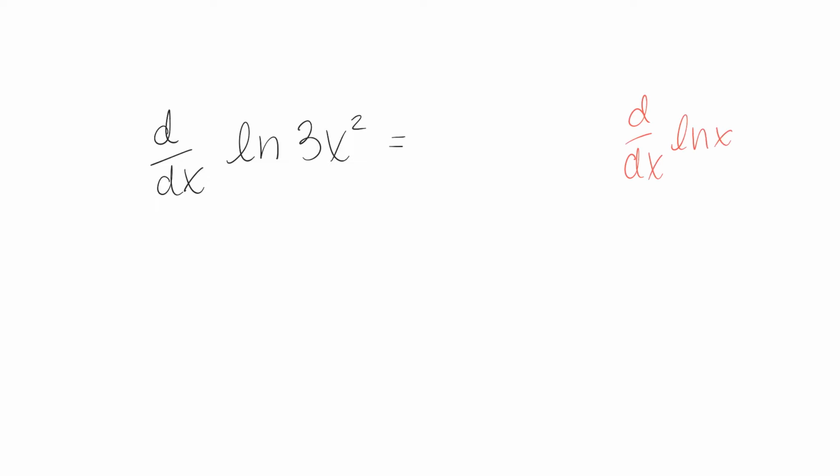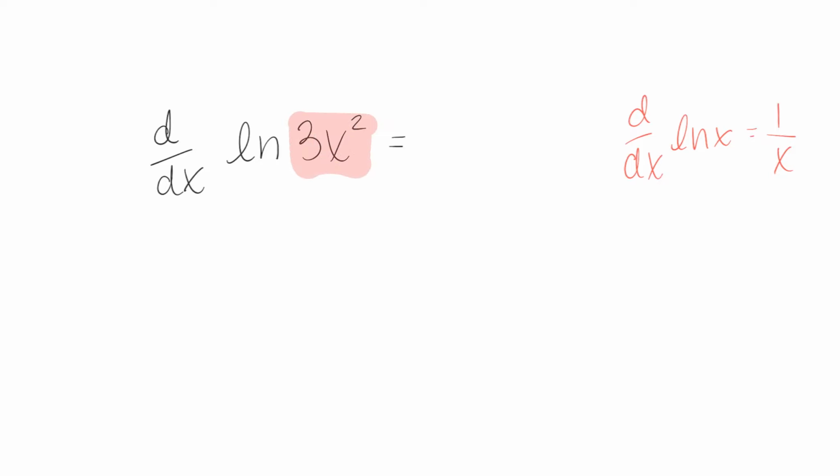Okay, how about natural logs? Let's say we've got the derivative of the natural log of 3x squared. Remember, the derivative of ln x is 1 over x. So in this case, my x is 3x squared.